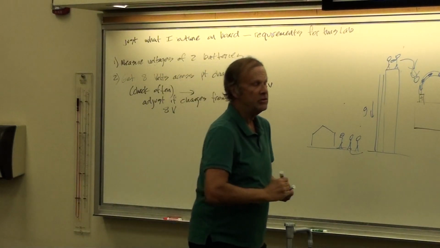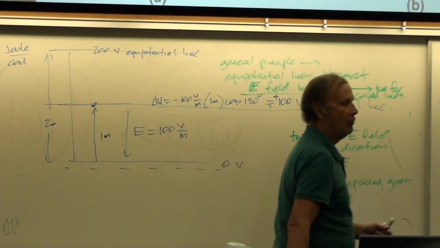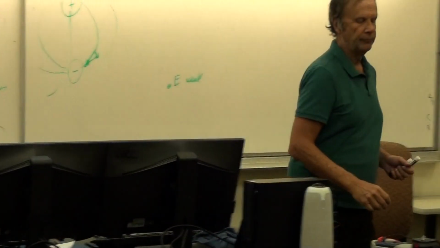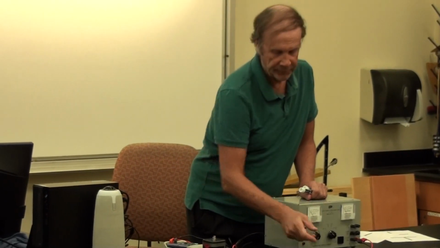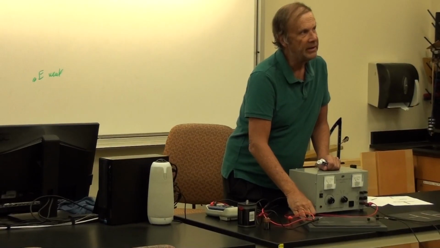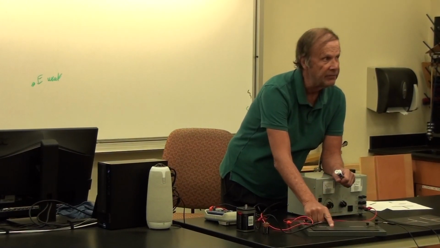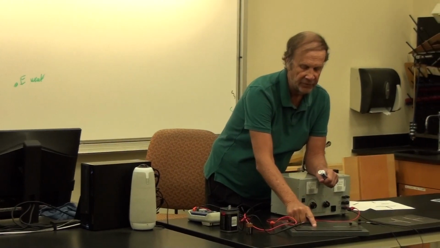Why might it change? Well, there are 2 good reasons. One is that you might bump it. Easy thing to do. You just give it a little bump, that might be enough to change the resistance through these things, and it's no longer 8 volts. But you want to keep it 8 volts all the way through.